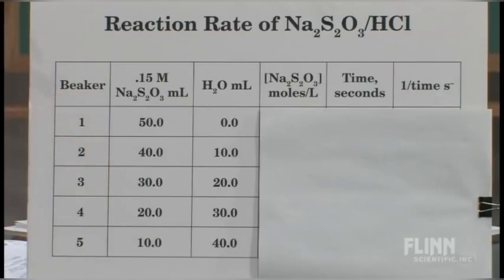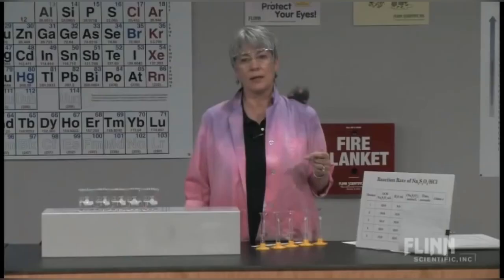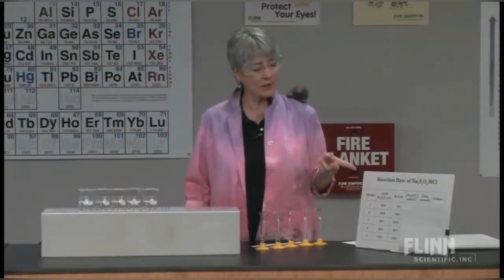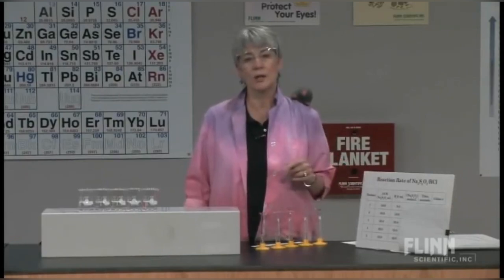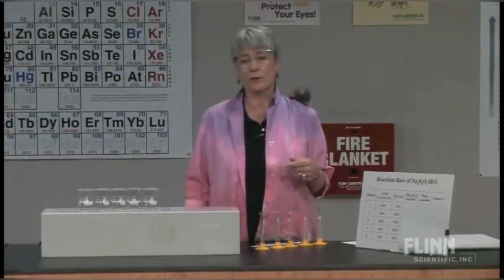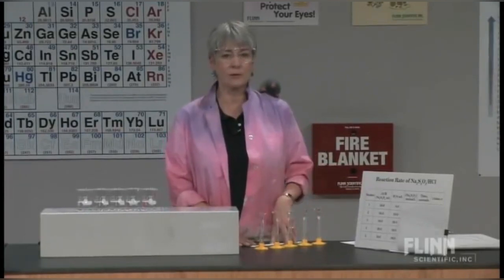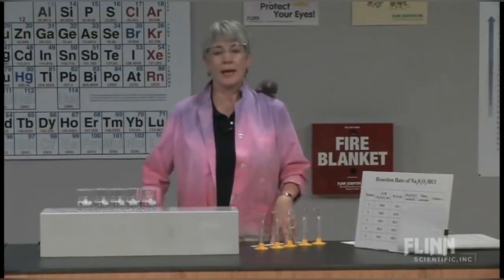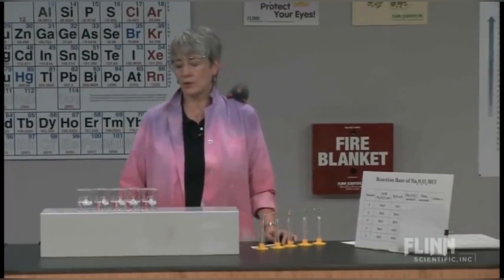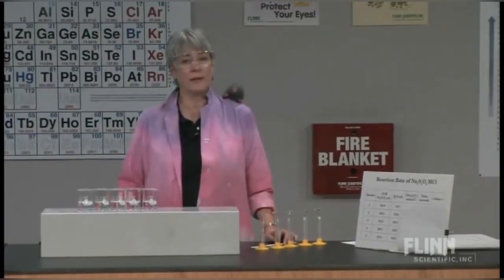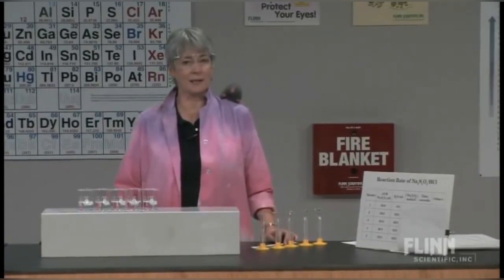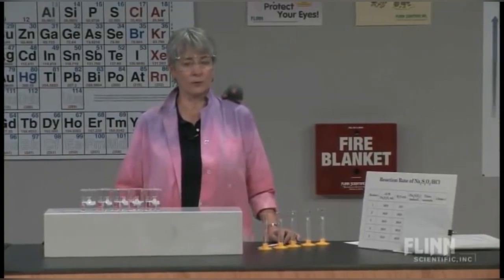And I would give my students a data table like this and ask them to calculate those new concentrations for the other 4 beakers. We're going to add 5 milliliters of hydrochloric acid, and the students are going to observe the disappearance of an X as that colloidal sulfur forms.